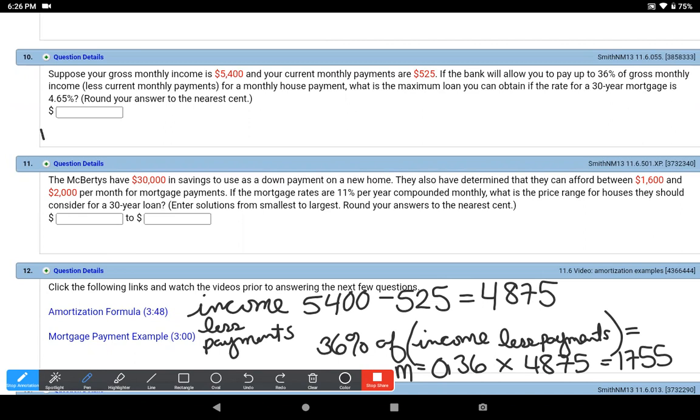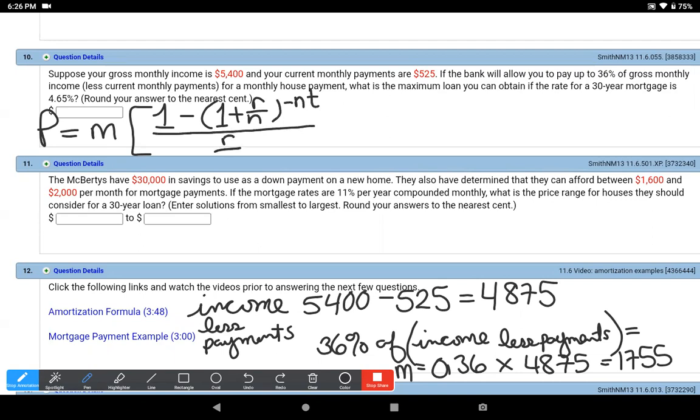Okay, so what we do have then is our formula, P equals M times the numerator 1 minus the quantity 1 plus R over N raised to the negative NT all over R divided by N, which for us looks like this time around, which I think that this is the right thing.